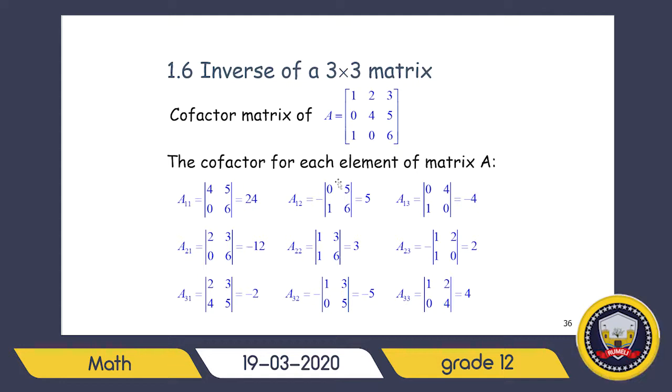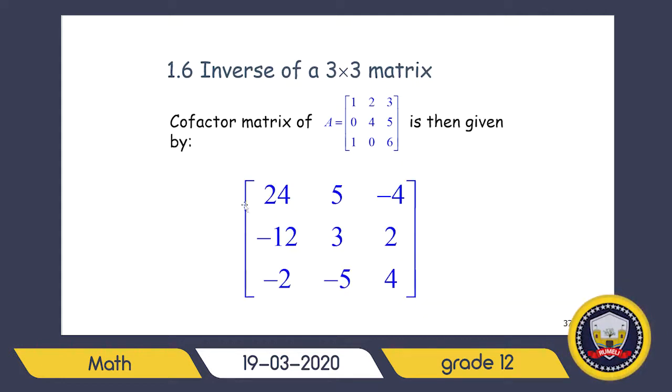Once we have them all, we can define the cofactor matrix of A as given by the determinants of its elements.